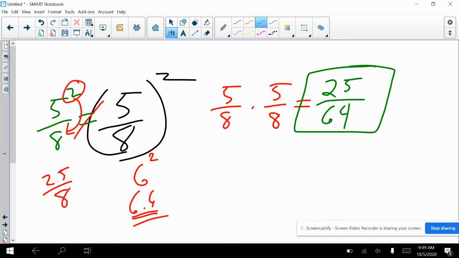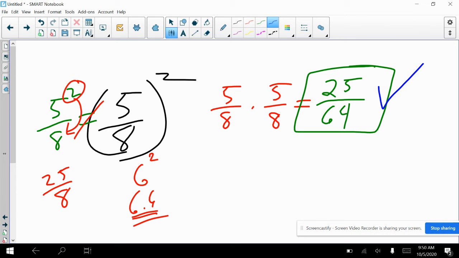Is there a number that can go into 25 and 64 evenly? What do you think? I'm seeing a lot of no's. Yeah, you're right. There isn't. So you're left with, that's your answer, 25 over 64.